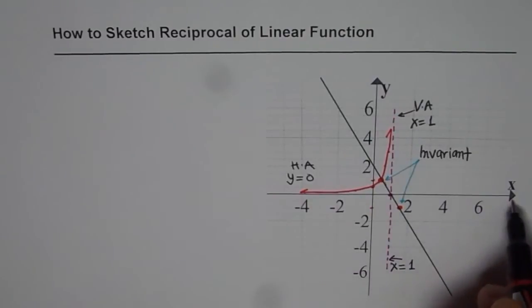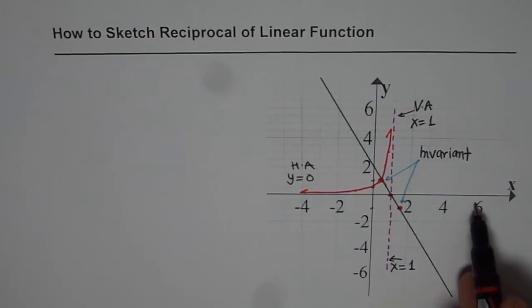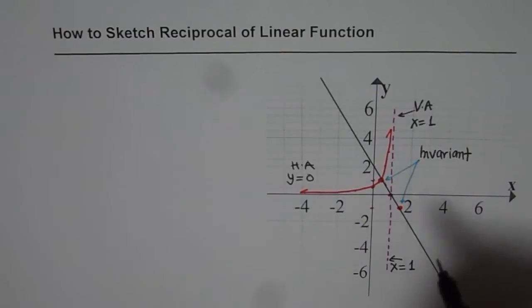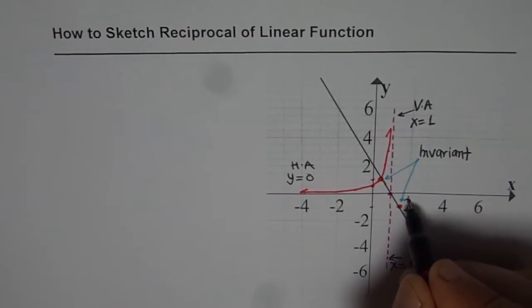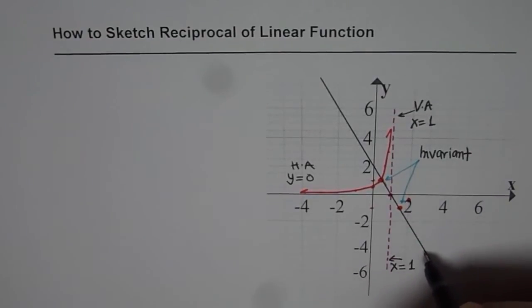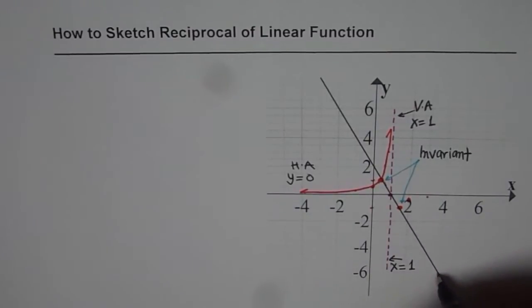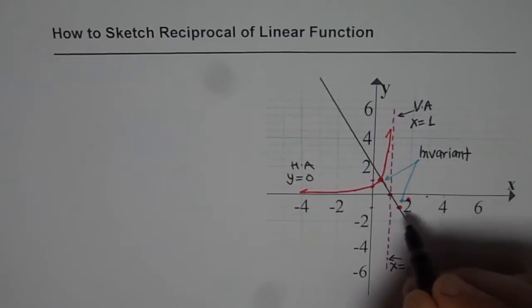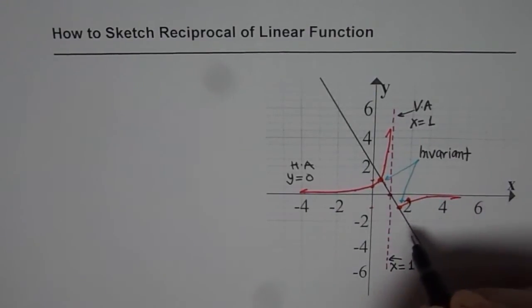If I move towards right, f of x is increasing, reciprocal will decrease, negative will be negative. Now identify some points. Minus 2, reciprocal will be minus half, which is here for us. And then let us say minus 4, minus 1/4, correct? Minus 6, minus 1/6. So that is how it is going, right? So that is approaching the horizontal asymptote.